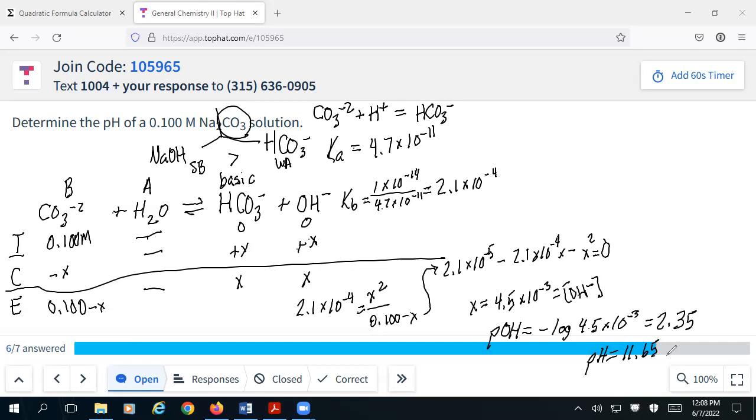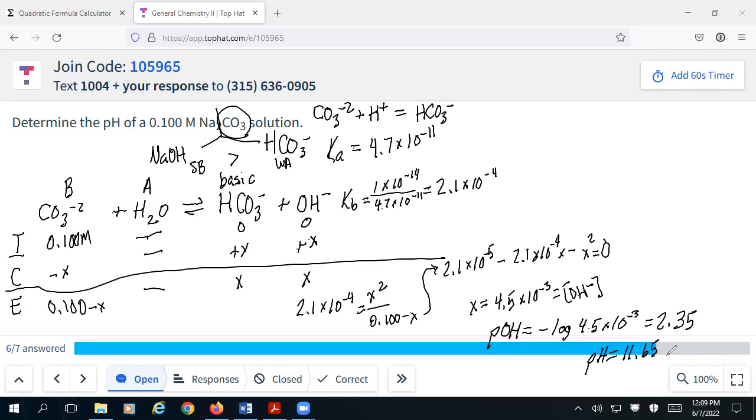So the conjugate base of carbonic acid is the bicarbonate ion. The conjugate acid of carbonate is the bicarbonate ion. So we need to look at the bicarbonate ion as the acid that is acting here, not carbonic acid.